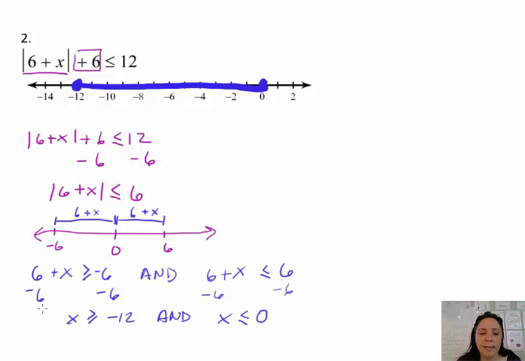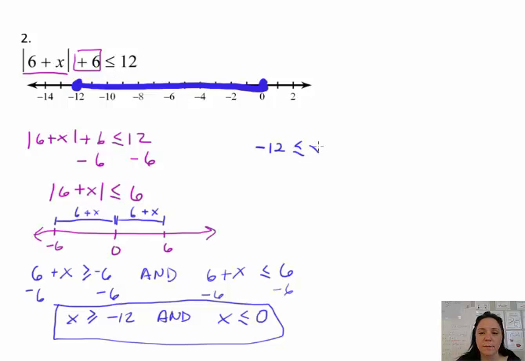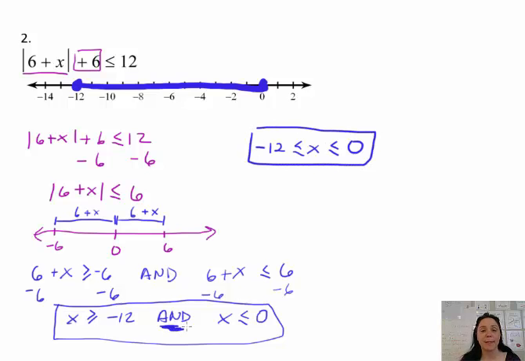One thing we can keep in mind whenever I have and is that I can combine this notation because we're going from negative 12, that is less than or equal to x, up to x is less than or equal to 0, and we can write this as a combined statement because it's an and statement.